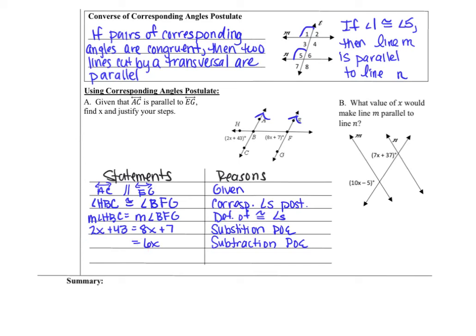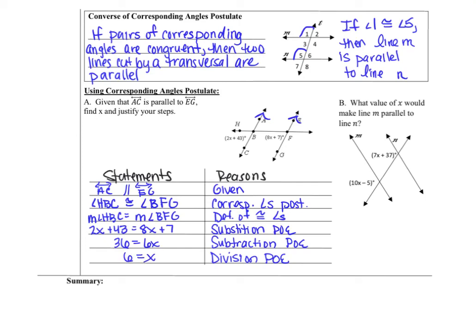And then if I subtract 7 from each side, 43 minus 7 is going to give me 36. So if you have all of the same operations and you're going to do subtraction, there's no need to do two separate steps. You can just subtract everything in one step. And then you're going to use division property of equality to divide by 6.